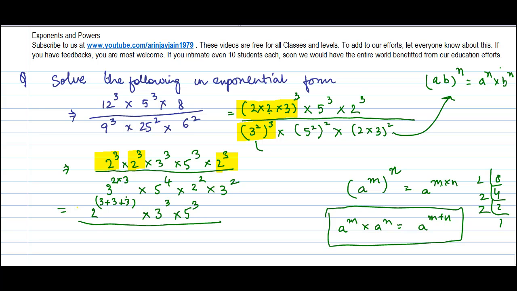Now again, 3 to the power 2 into 3 is how much? 6. So you have basically for 3 also you have this and this. But I'll put 2 first here. So I get 2 square into 3 to the power 6 plus 2 into 5 to the power 4.